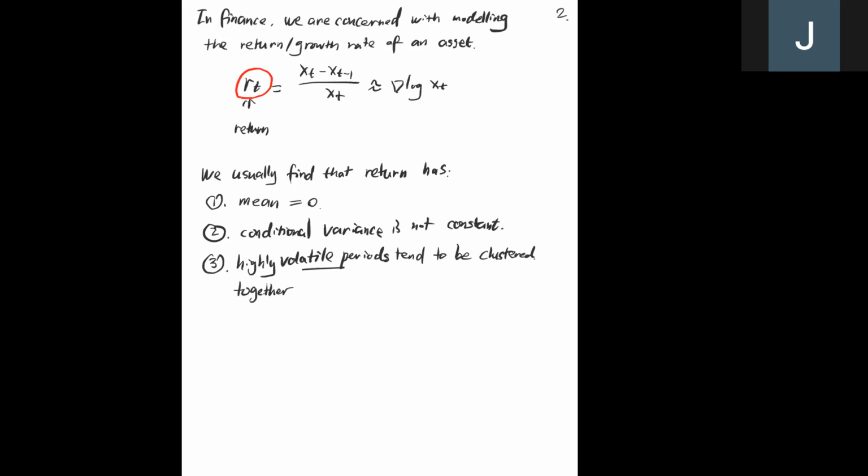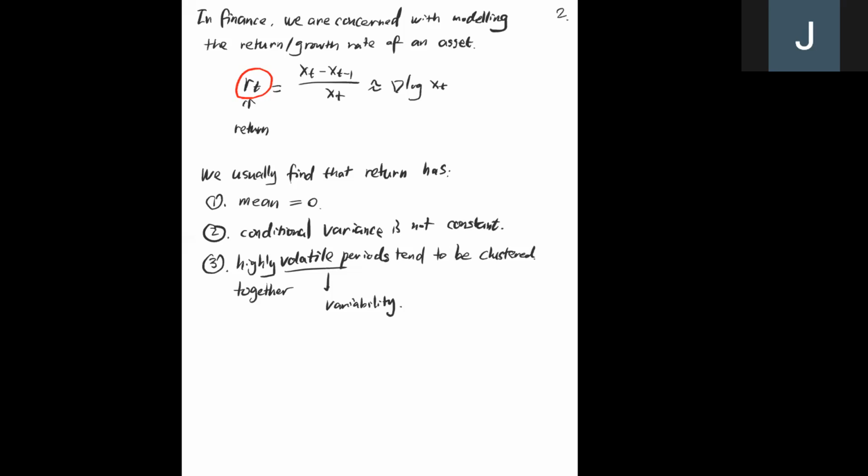Volatile, I think, is a very finance word. It just means variability. So that's what people usually find in finance data, like in the stock market data. And I know some of you are also doing stock data analysis for the final project. So that's maybe one extension you can consider.